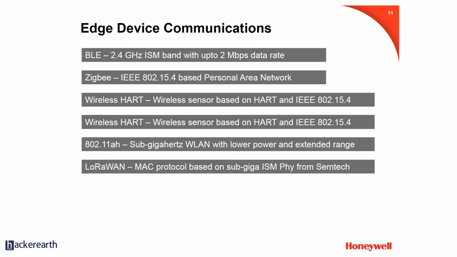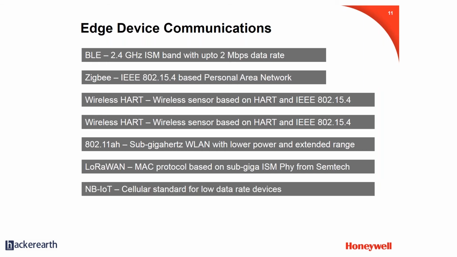And for those of you who have studied communication, the lower the frequency, the greater the range for the same amount of power that you use. So it obviously has extended range, and it also consumes lower power. So the standard caters to it, and people expect 802.11ah to really take off in the near future. Then you have a set of standards, including 802.11ah, narrowband IoT and LoRaWAN.